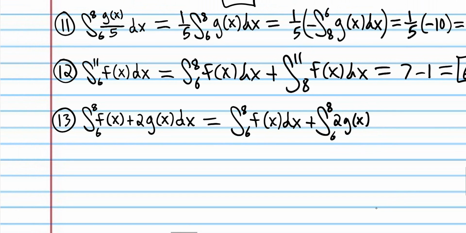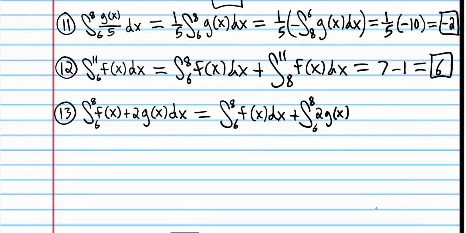So I broke it up into the sum of two integrals. But then we can take out that 2 because we don't know how to integrate 2 times g of x. So I'm going to take the 2 out of the integral.